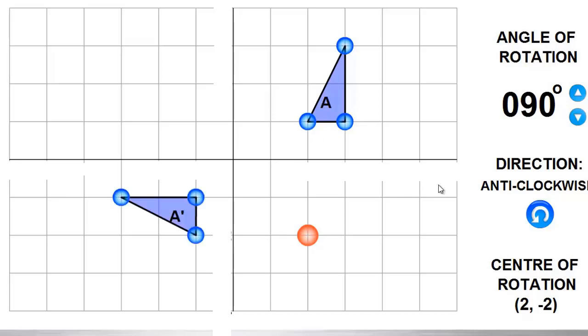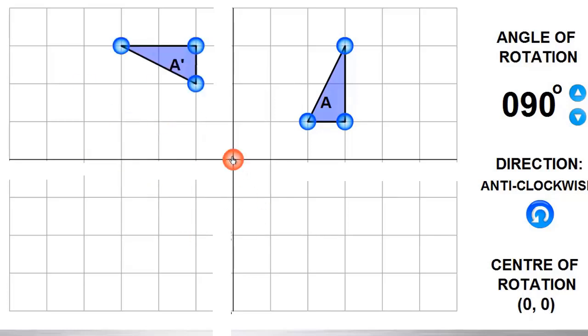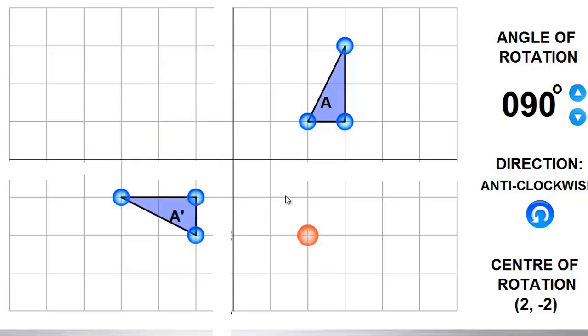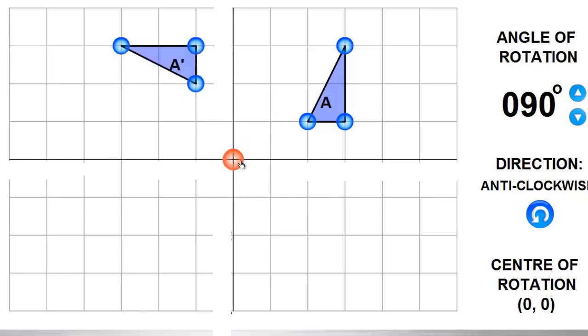So if you see the image, with 90 degree, when the center of rotation is here, it is rotated in this way. Now if we change the center of rotation, the image is also changed. But in construction, what we do, we take this center of rotation and we take it to the origin by doing some translation. So 2 units up and 2 units left, and then we can do the rotation.